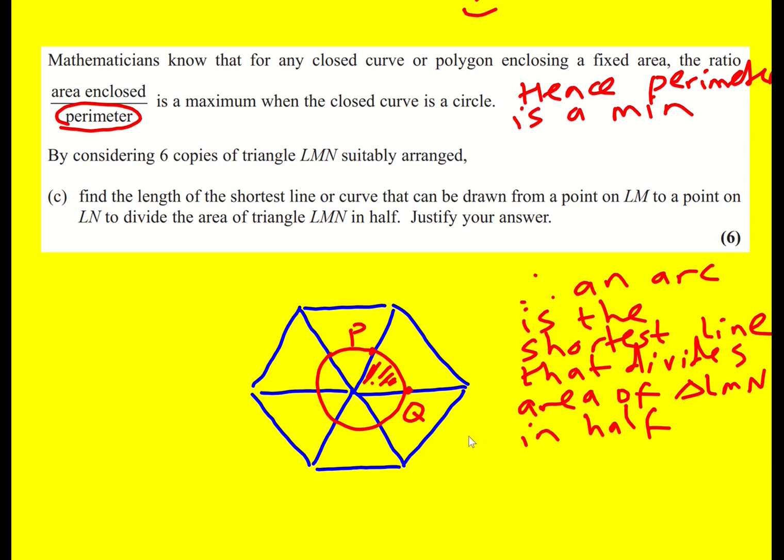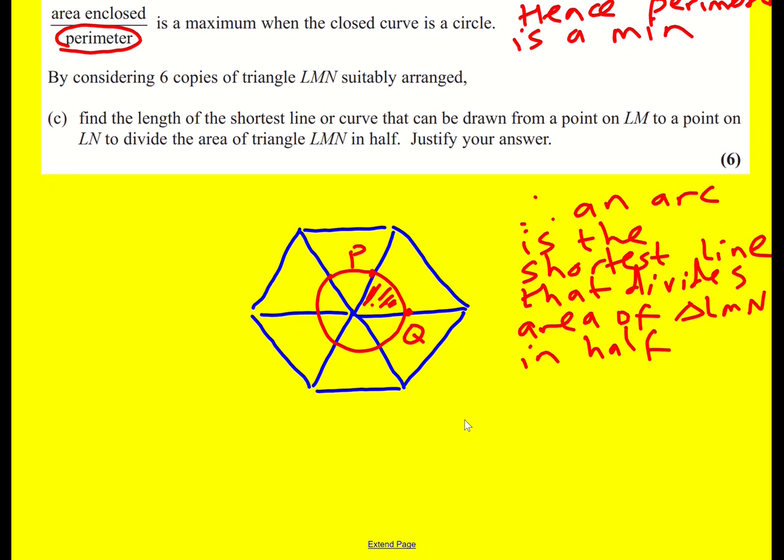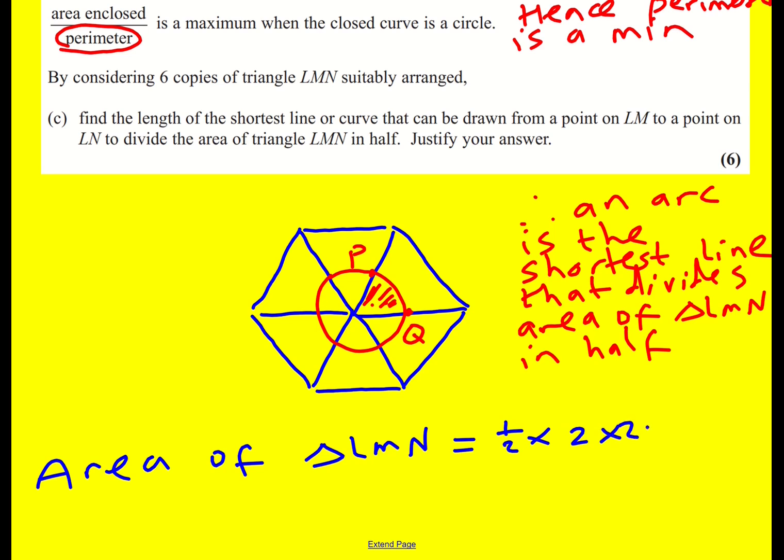And my circle will have radius r. And remember, we know the area of triangle LMN, remember, it was a half times 2 times 2 times sine 60.